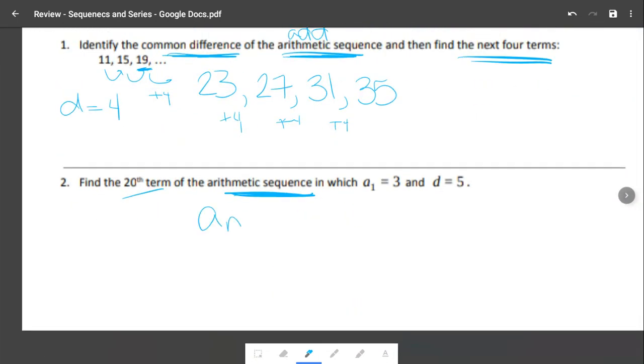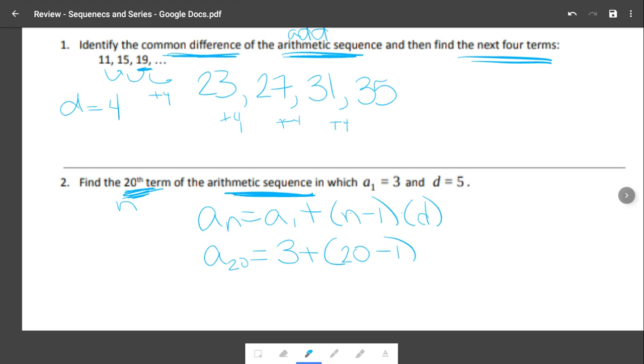So we have An equals A1 plus n minus 1 times D. We're looking for the 20th term, so that is your n value. A1 is the first term. They told us it's 3. Again, n is 20. And then D is 5.